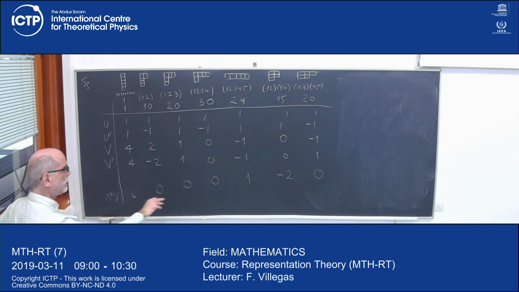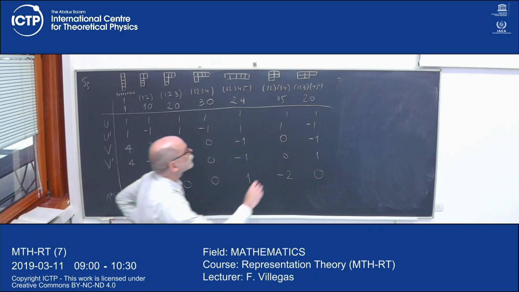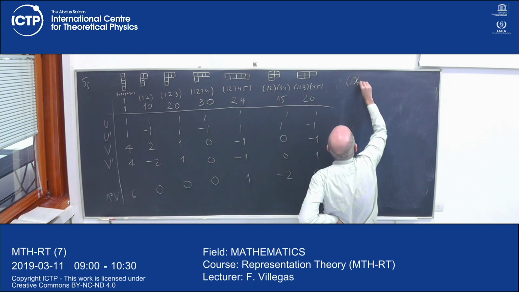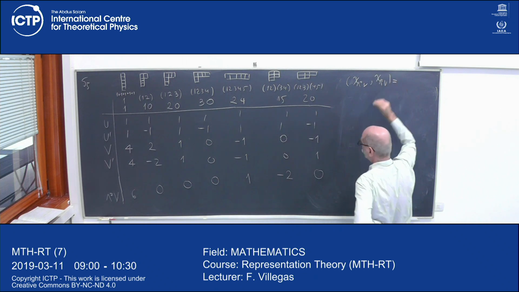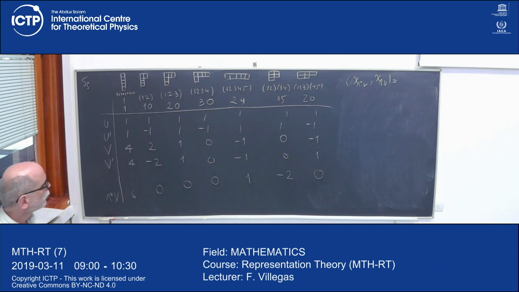Okay, so let's just quickly check that this wedge 2 of V is irreducible. We can compute the inner product of the character with itself. This is a true statement in general, but let's just check it here. There are a lot of zeros, which makes the calculation easier.